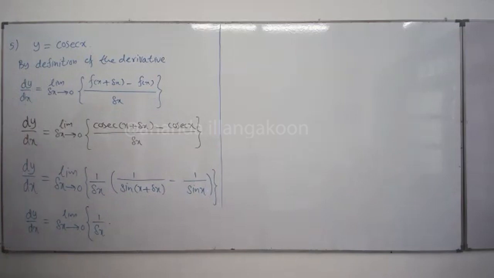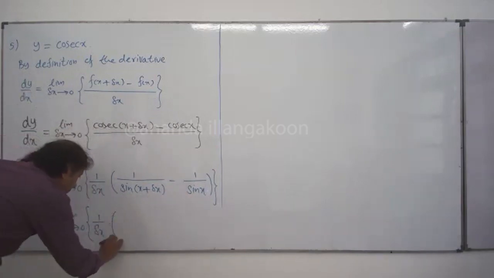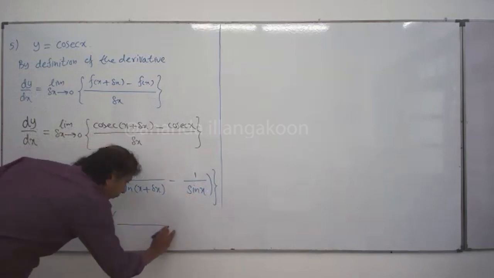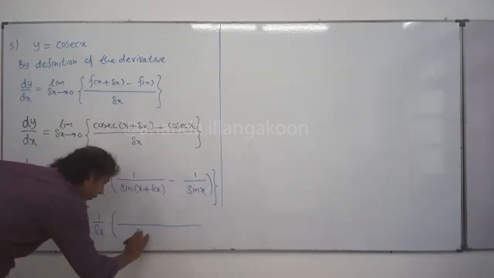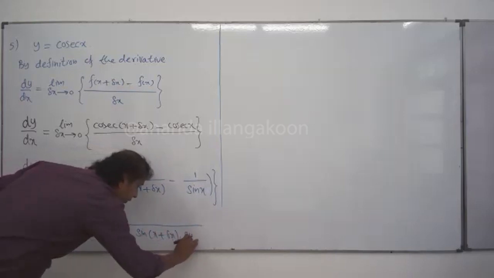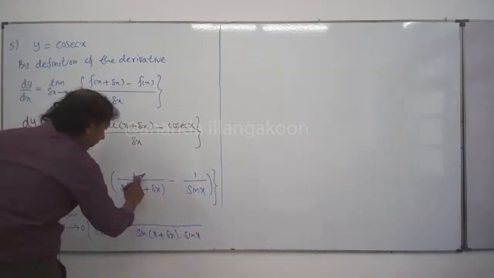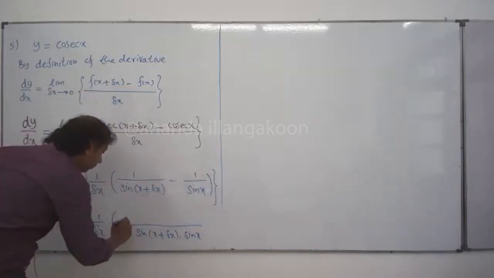One over delta x. Now take the common numerator here. Sine x plus delta x into sine x, the product. Then this sine x comes here, this sine x plus delta x comes here.